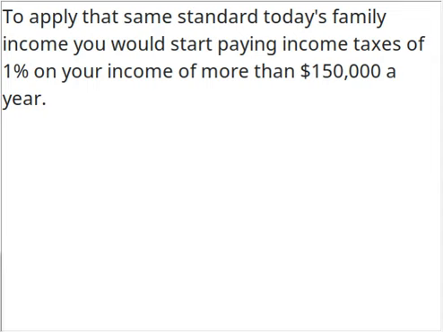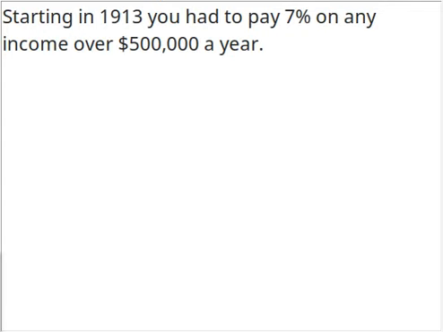To apply that same standard to today's family income, you would start paying income taxes of 1% on your income of more than $150,000 a year. Starting in 1913, you had to pay 7% on any income over $500,000 a year.